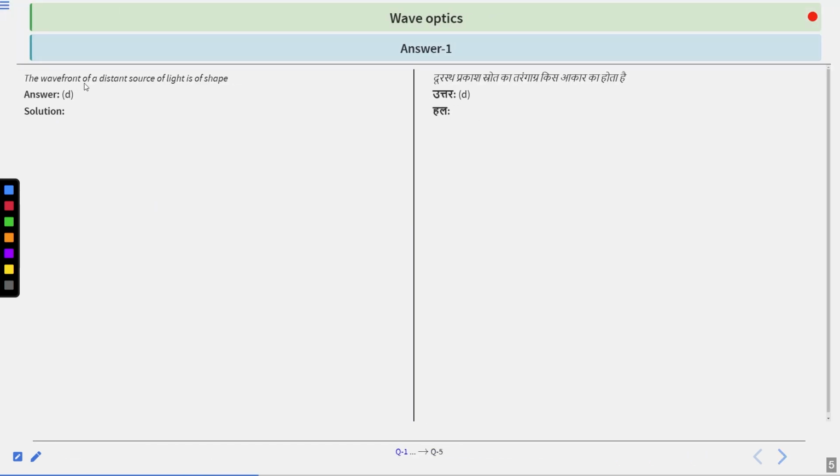So the wavefront of a distant source of light is of what shape? We have to find the shape of the wavefront when the source is a distant source.